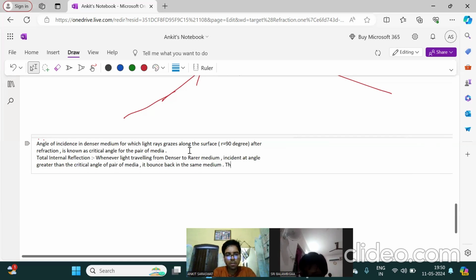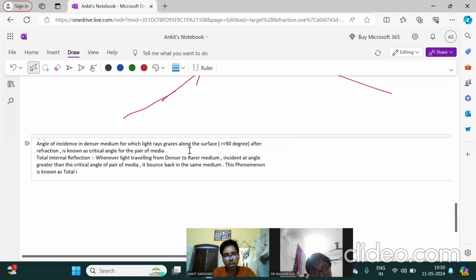This phenomenon is known as total internal reflection. Any doubt?